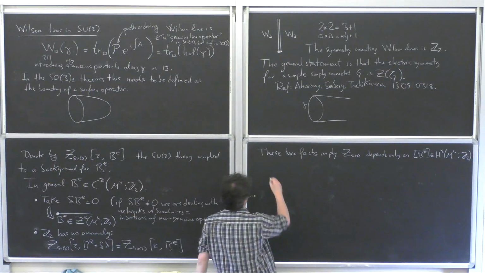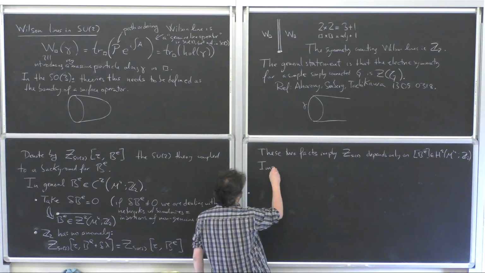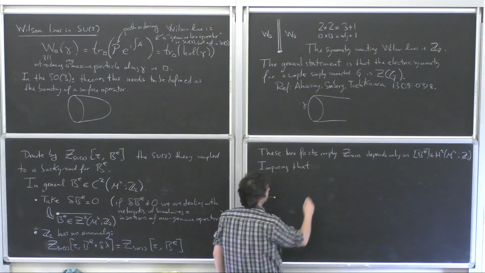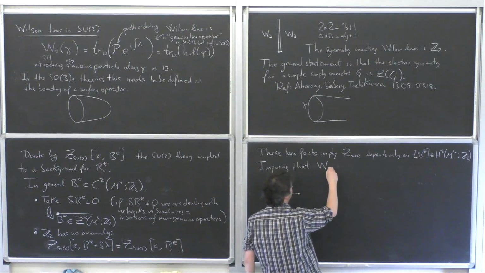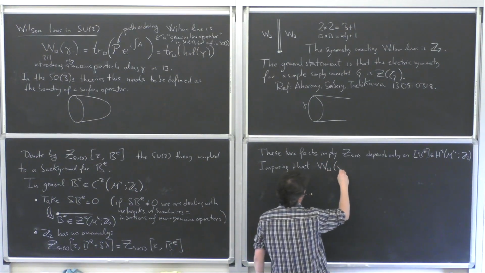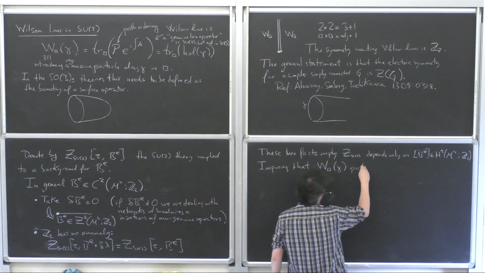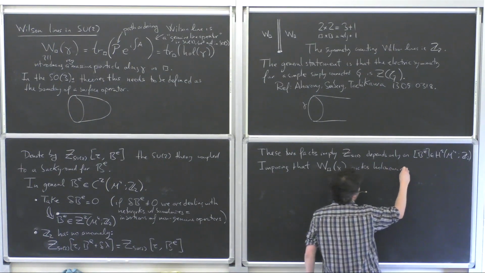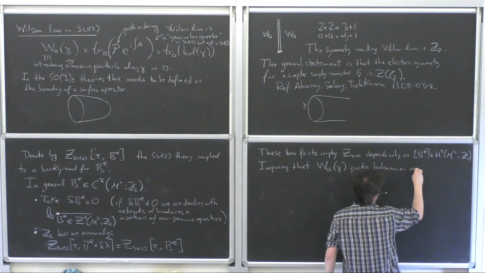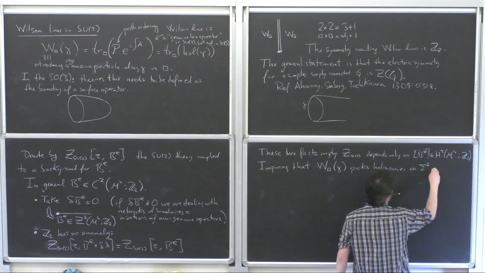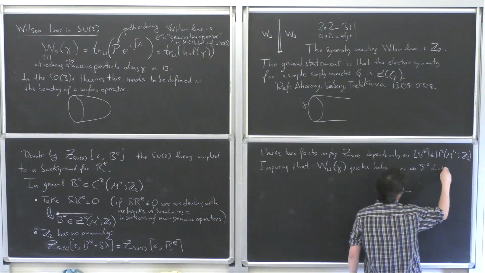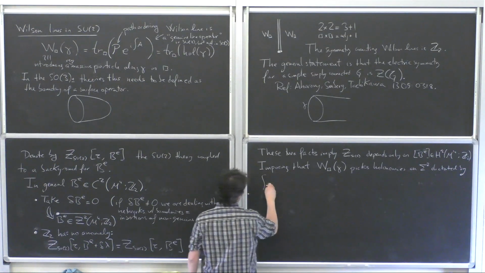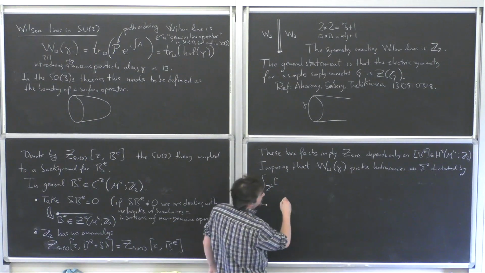So imposing that the Wilson line picks up holonomies on any 2 cycle sigma 2, dictated by the integral over sigma 2 of this cohomology class.